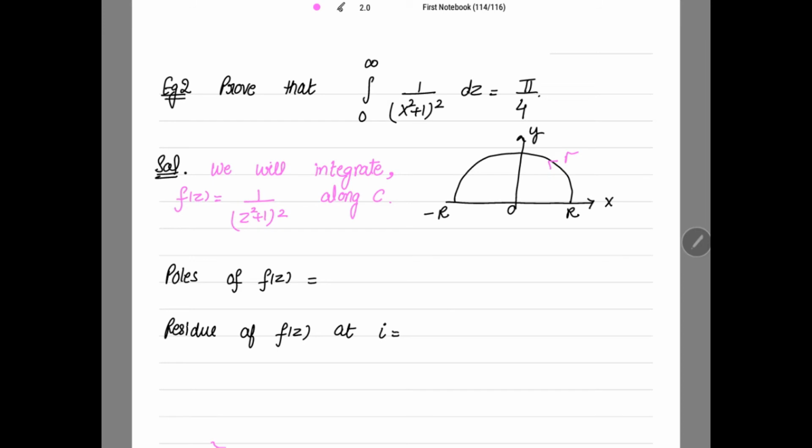So let's start. We will integrate again f(z) equal to 1 over z square plus 1 whole square along the C. And the poles of f(z), taking the denominator equal to 0, are z equal to plus minus iota. Are they simple poles or double poles?